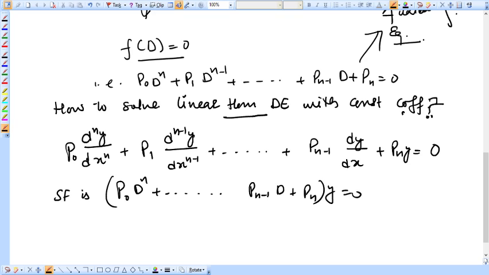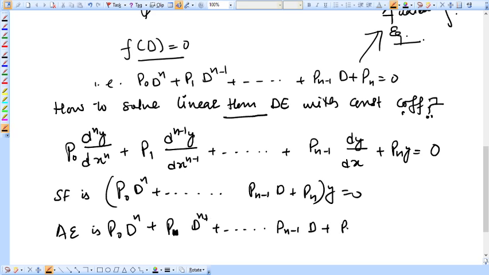And the auxiliary equation is p naught D^n plus p1 D^(n-1) plus so on plus p n equals 0. This is your auxiliary equation.